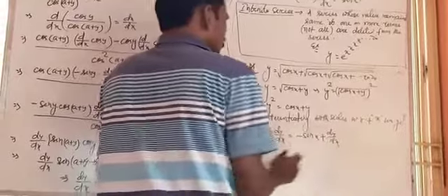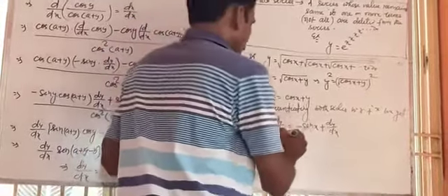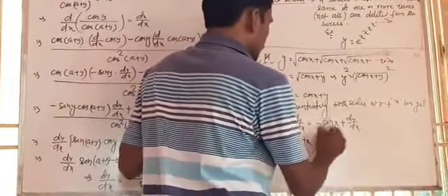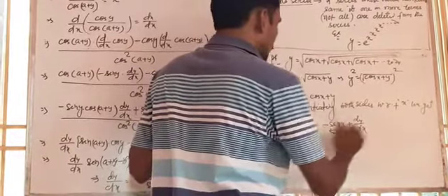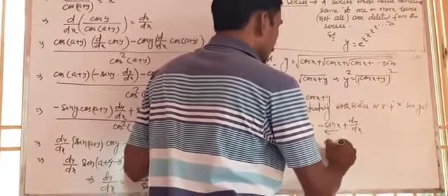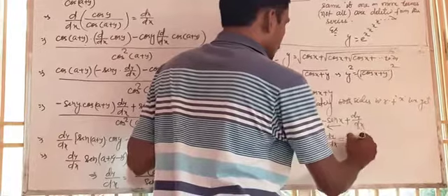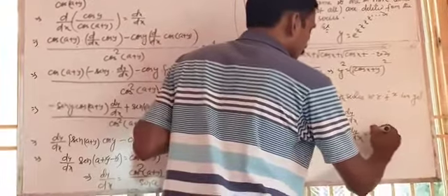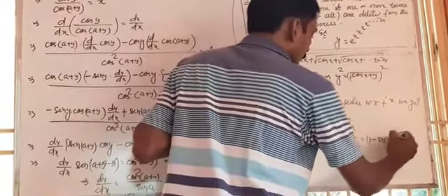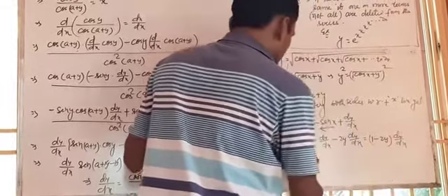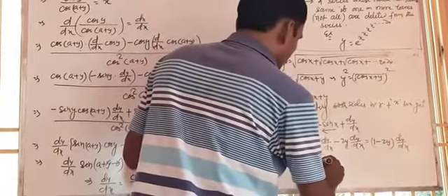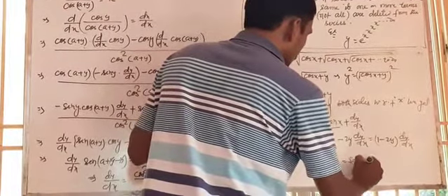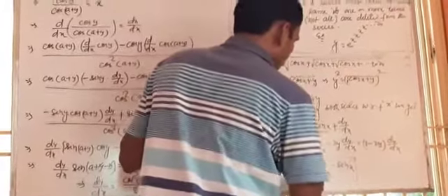So this implies, here it is sin x, you take it to the left hand side, and this term you take to the right hand side, so it is dy by dx minus 2y into dy by dx. Here dy by dx is common, so 1 minus 2y whole into dy by dx equal to sin x, what we wanted to prove.